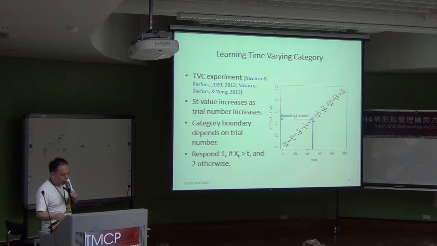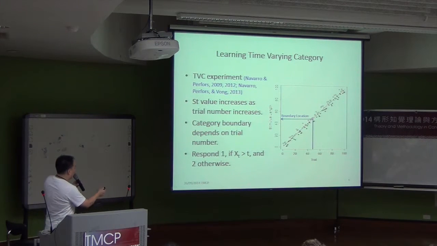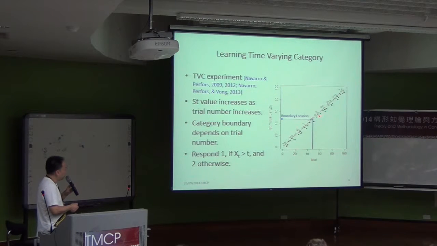So, for example, for trial number 45 or 47, the boundary would be just 47. If we happen to have an item here on the same trial, according to this rule, it should be classified as the high category.